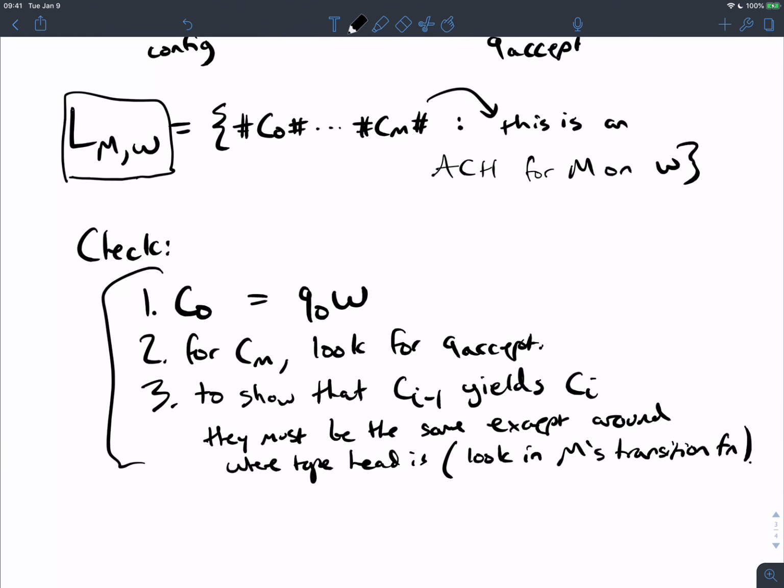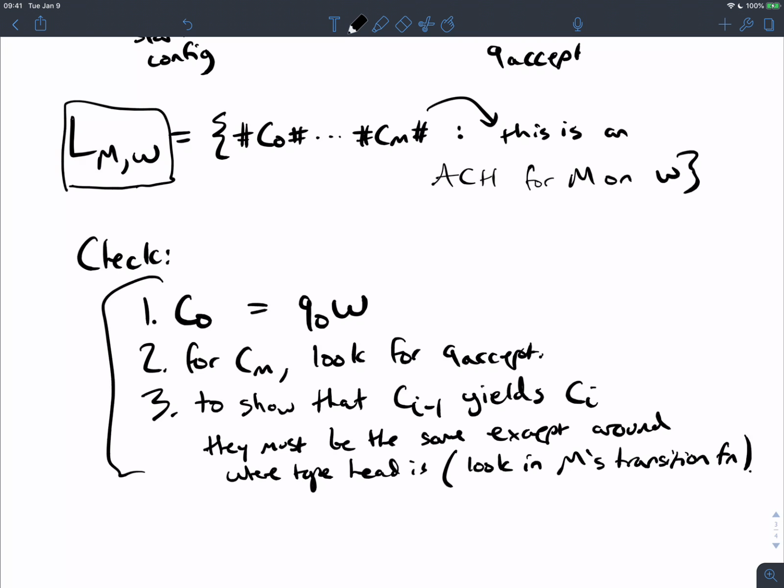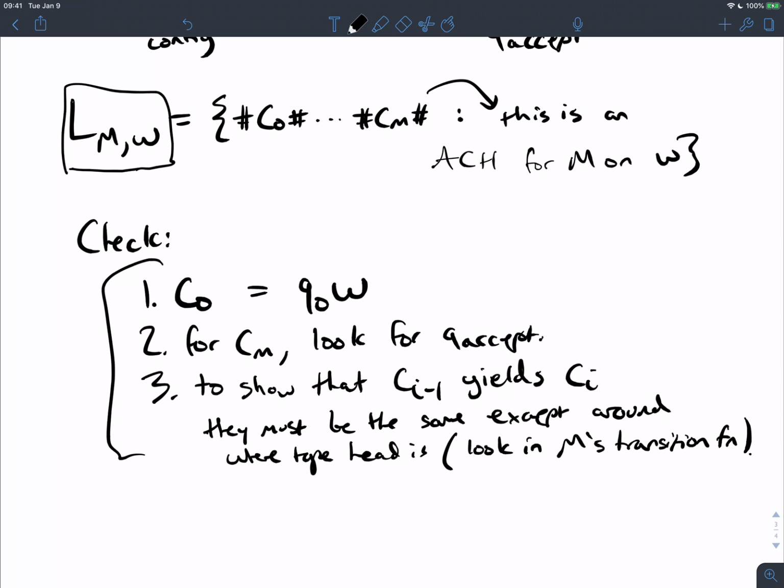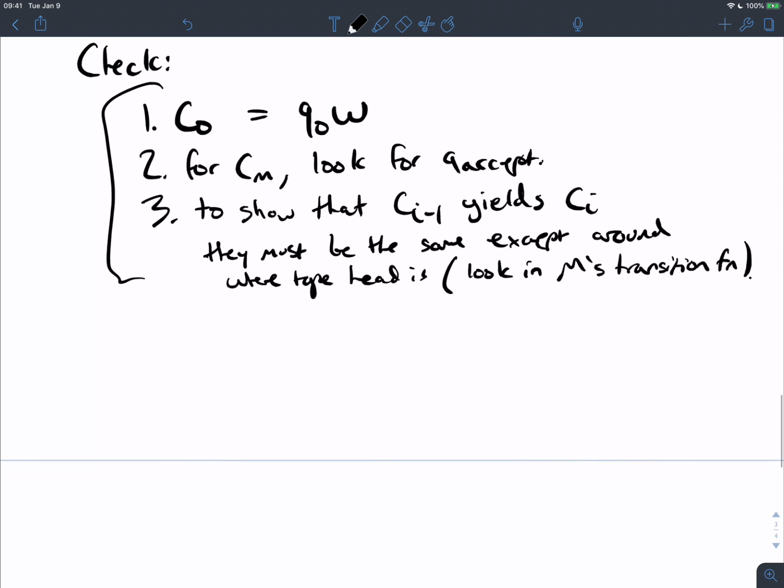Well, if I can decide E sub LBA, if this LBA's language is empty, what do I know about the original machine and input? Did M accept W? No, because whatever language this thing is, it must be able to say yes when there's an accepting computation history. But if it is empty, M could not have accepted W, because if it did, then there must be an accepting computation history. Okay, well, I'll flesh this out a little more.